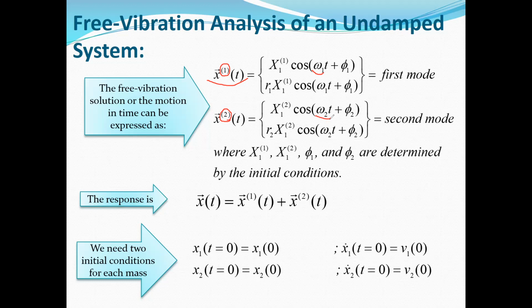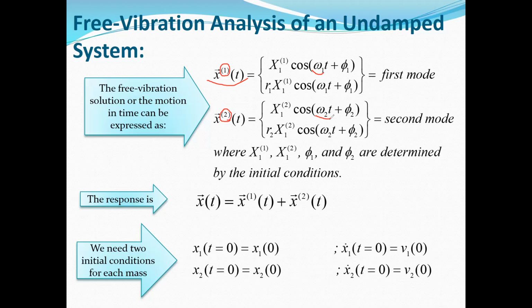And as you saw in the single degree of freedom system, the transient solution is not as important as the steady state response, or the homogeneous response is not as important as the non-homogeneous or particular response. But here we start with the homogeneous response, because in multi-degree of freedom systems, one of the most important parameters is the natural frequency and mode shapes.